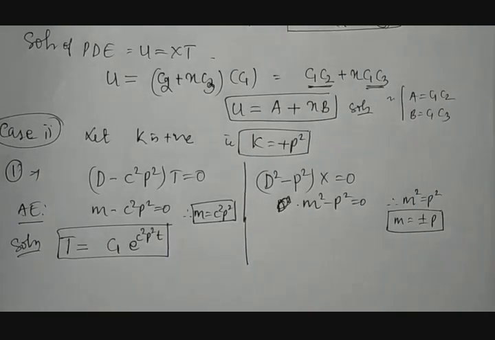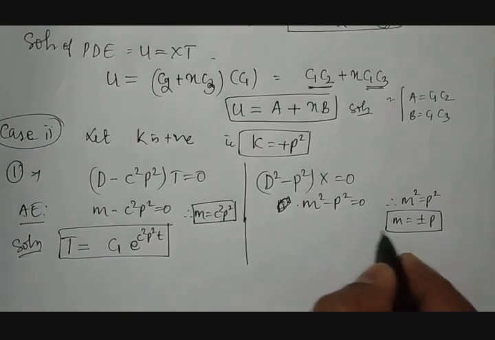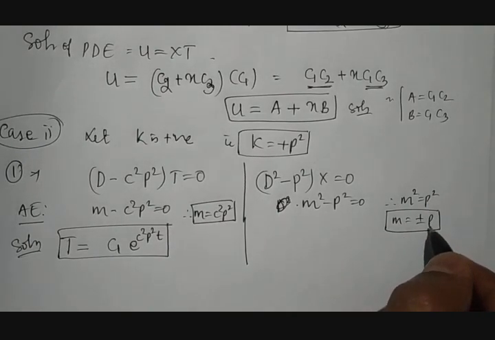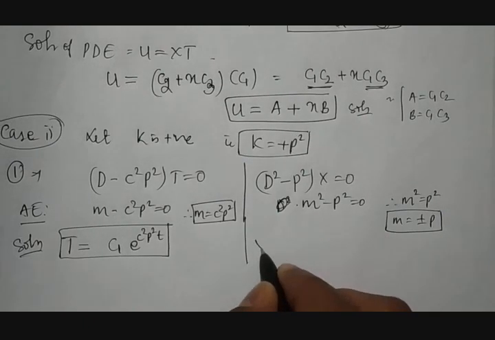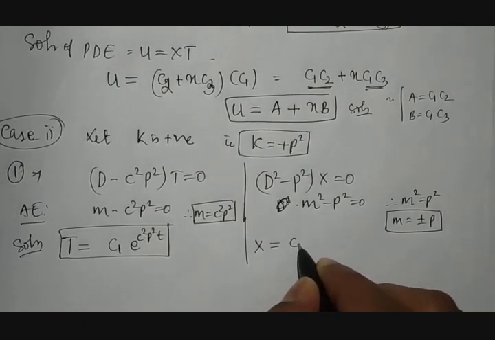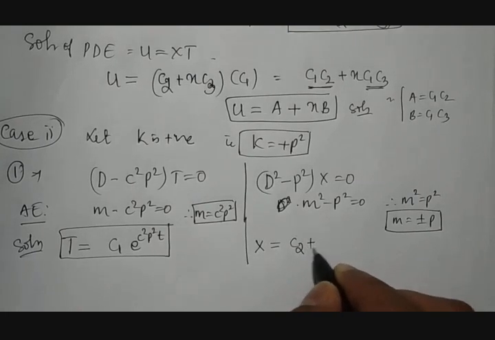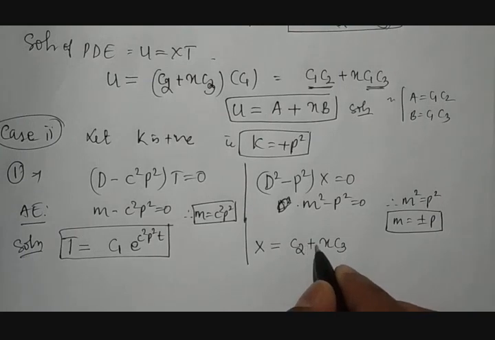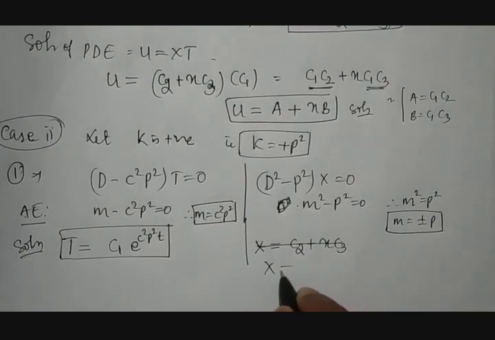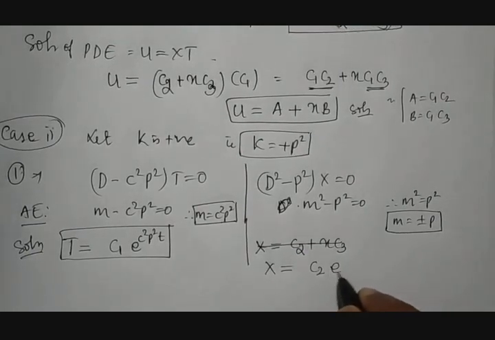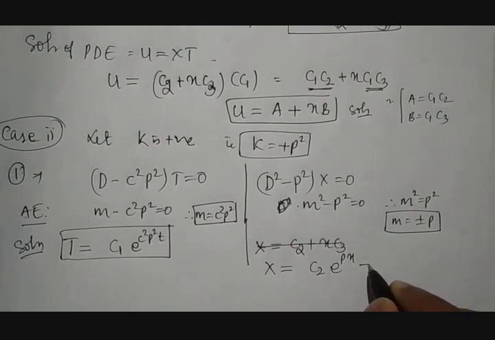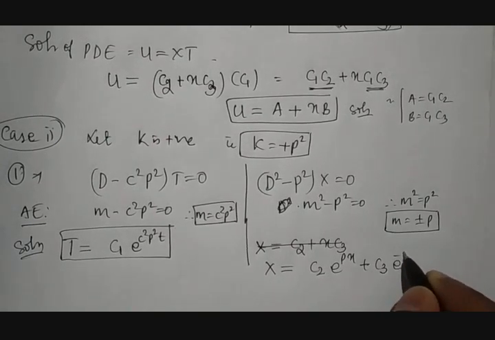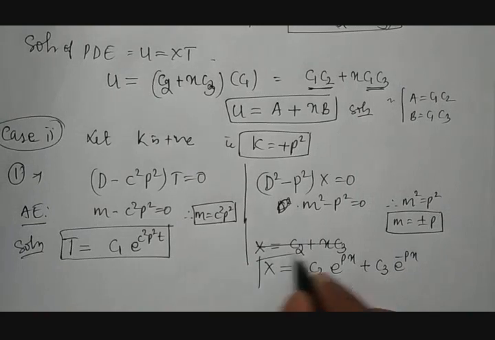Then for the second, here you can see there are two roots, plus root and minus root, real but different roots. Therefore the solution X is equal to C2 into e raised to Px plus C3 into e raised to minus Px.